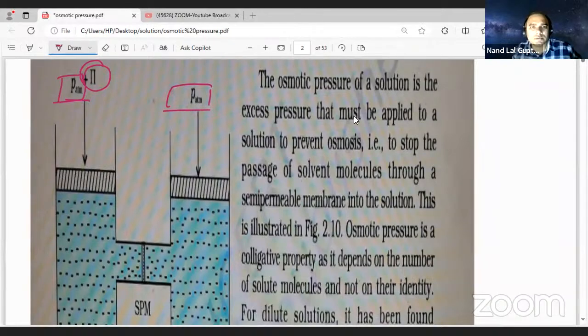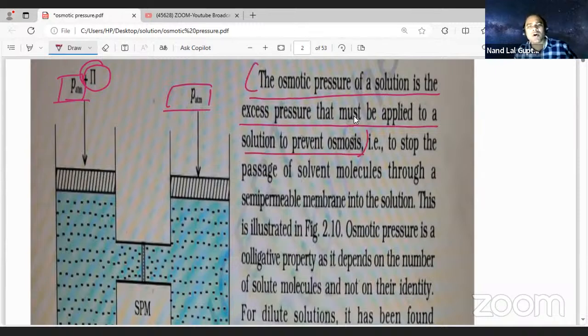So here you see, students, the osmotic pressure of a solution is the excess pressure that must be applied to the solution to prevent osmosis. Every time, osmotic pressure is defined in many ways, which you need to know.